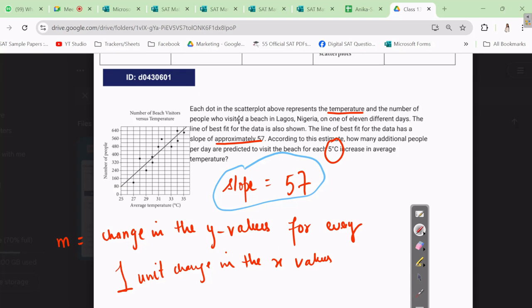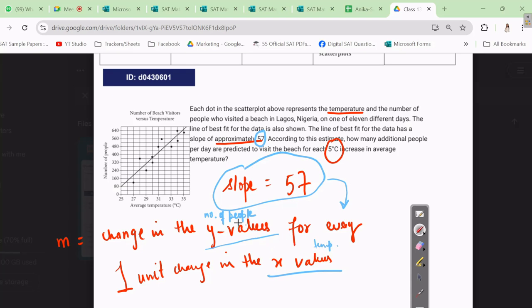So they have given us that the slope is approximately 57. So what does the slope tell us, Anika? What is 57 actually? Change in the y values. What are y values here? Number of people. The x values are the temperature, the average temperature in centigrade.